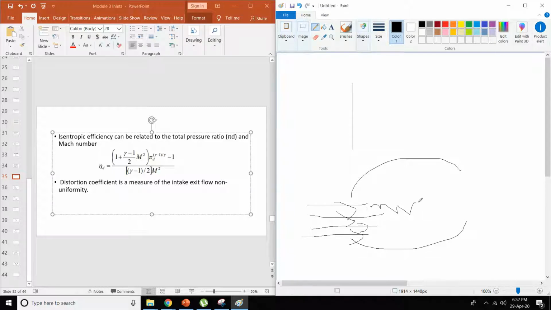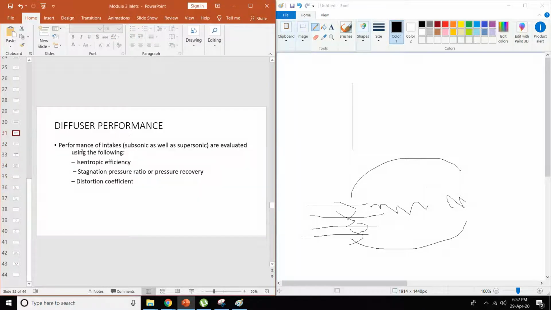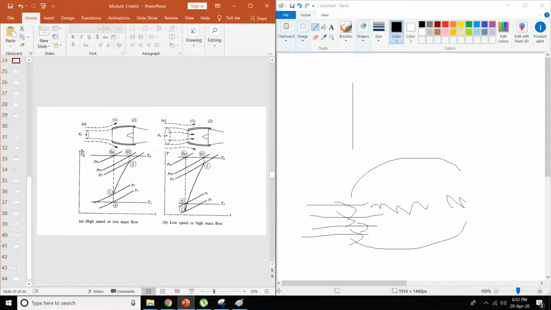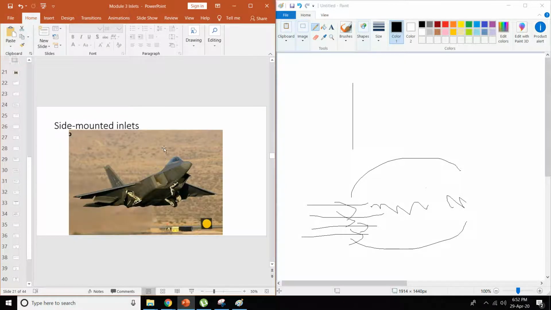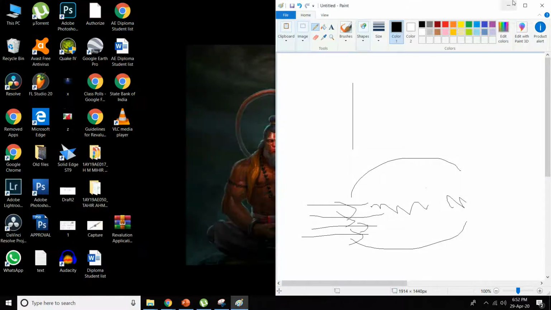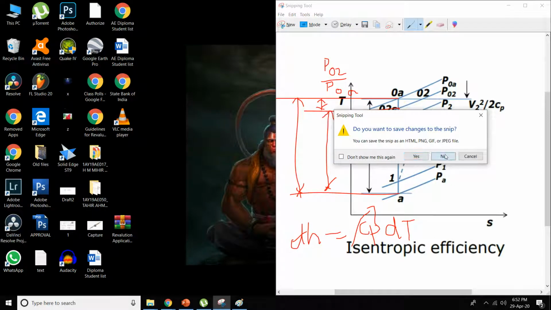If it is turbulent, the efficiency will come down. If it is laminar, it is quite smooth, so the efficiency is increased. Distortion coefficient is one of the performance parameters to find the overall efficiency of a diffuser. With that said, your subsonic inlet portion is covered, but one thing we left out is the derivation part, which we'll directly see now.